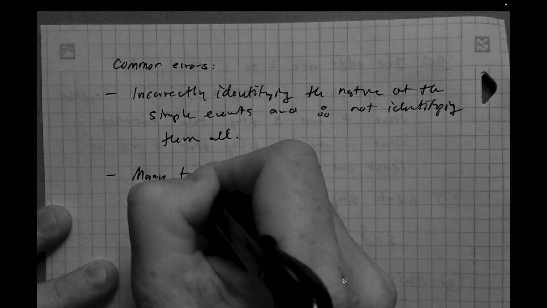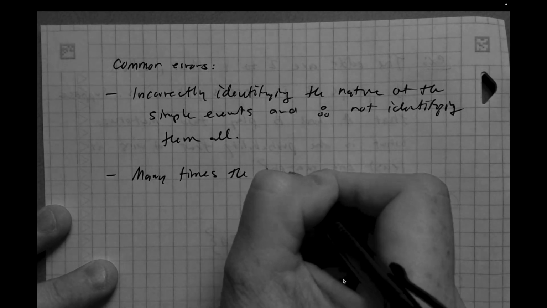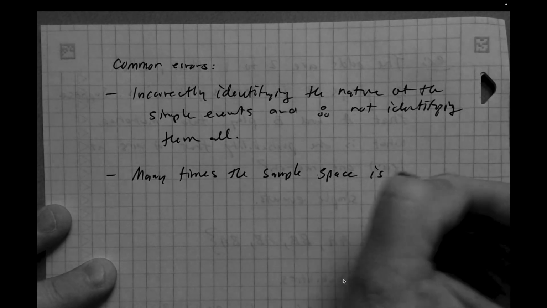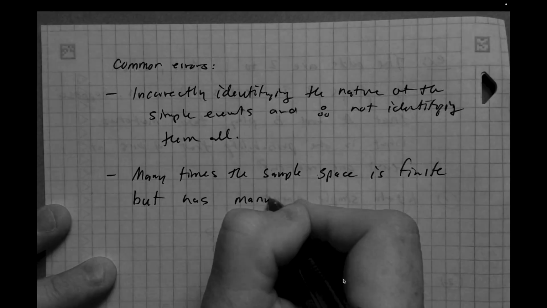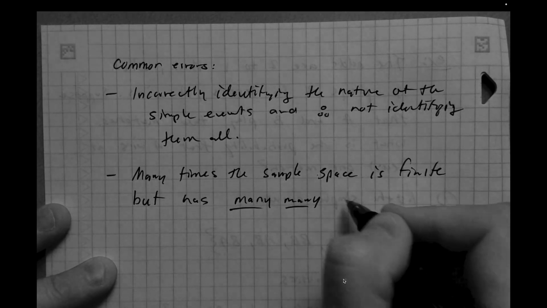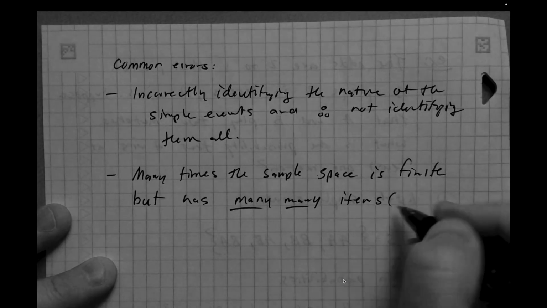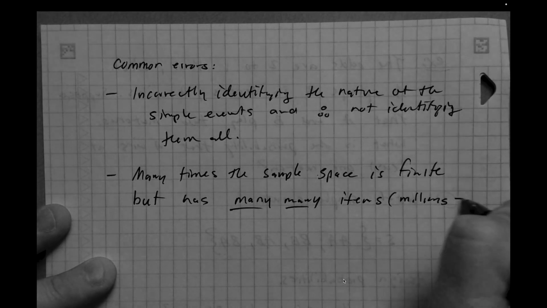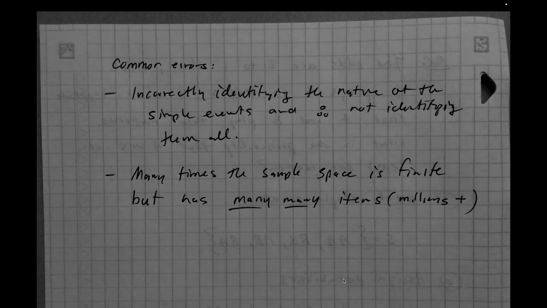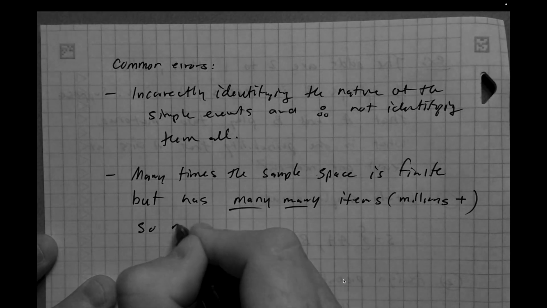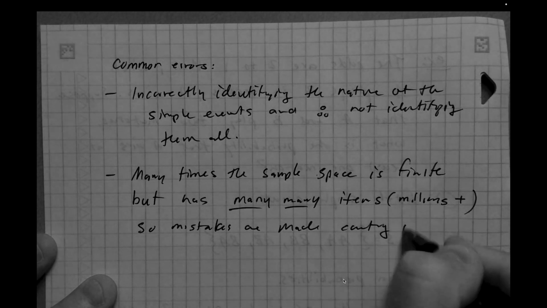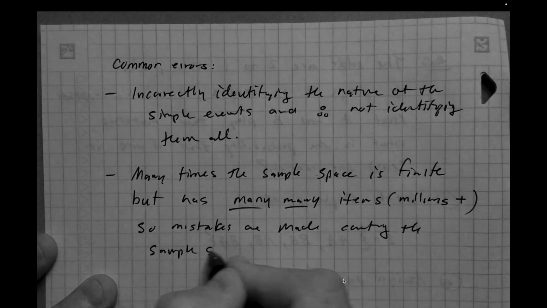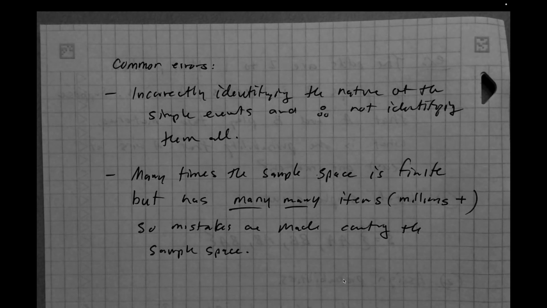Many times the sample space is finite, but has many items, like millions, billions. Just even counting the number of items in the sample space can be difficult. So mistakes are made just counting the sample space.